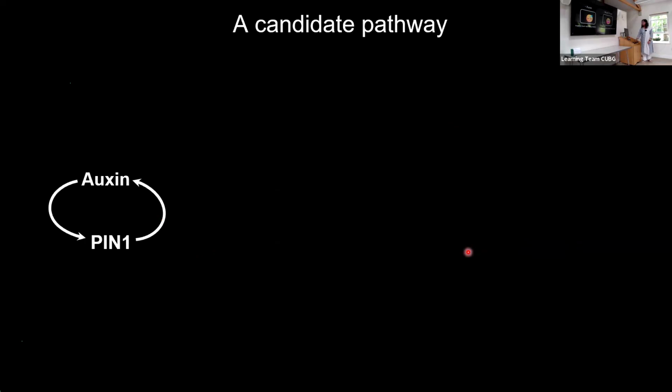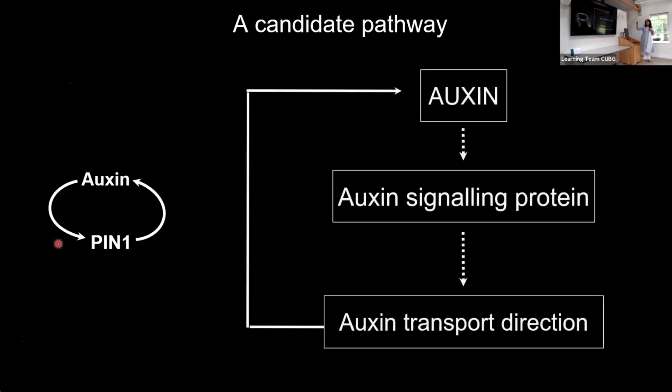So we created a hypothesis, or an idea, of how this feedback loop between auxin and its transport protein could be functioning. It could be that auxin would tell its messenger protein to go and change the direction of the PIN1 protein, which will then mediate this feedback onto the hormone auxin itself.